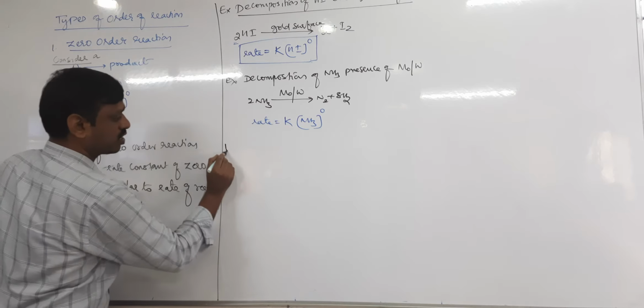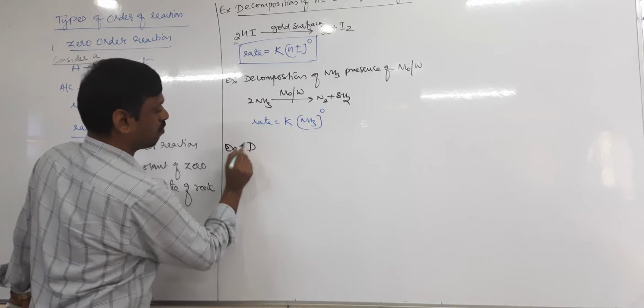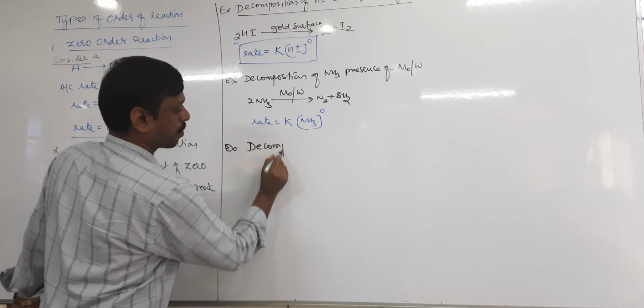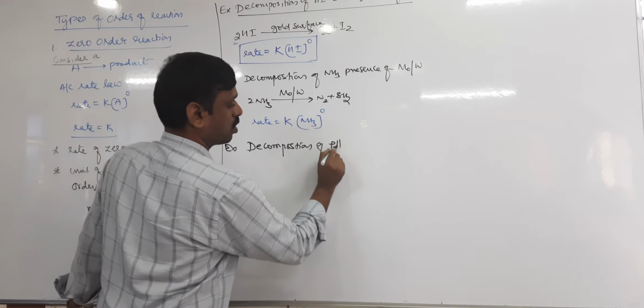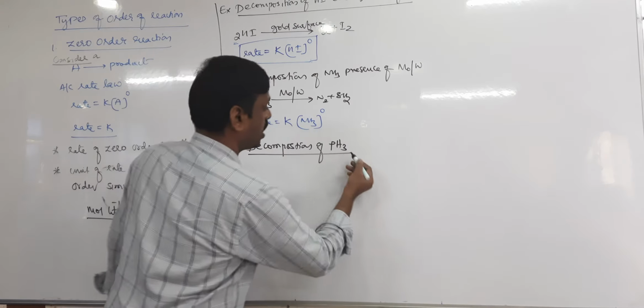Next, another example: decomposition of phosphine. What is phosphine? PH3, like ammonia.